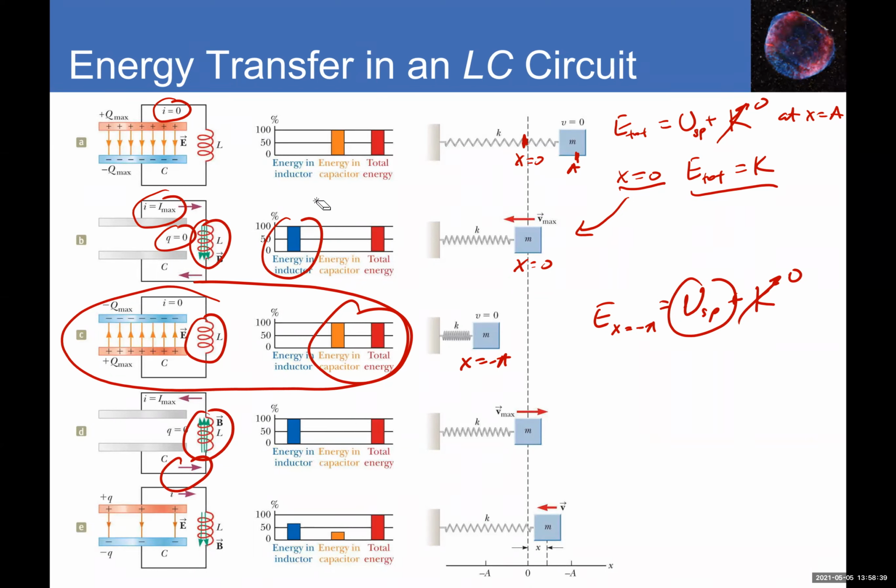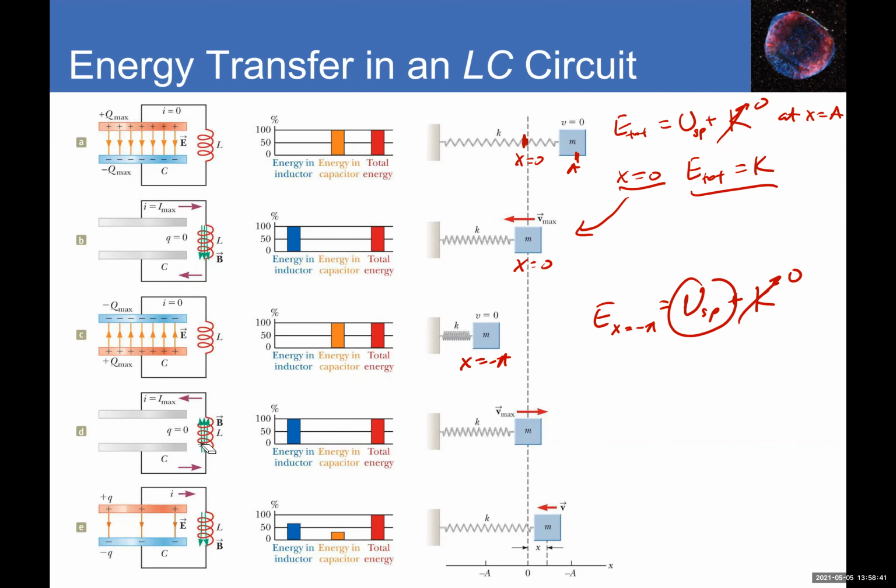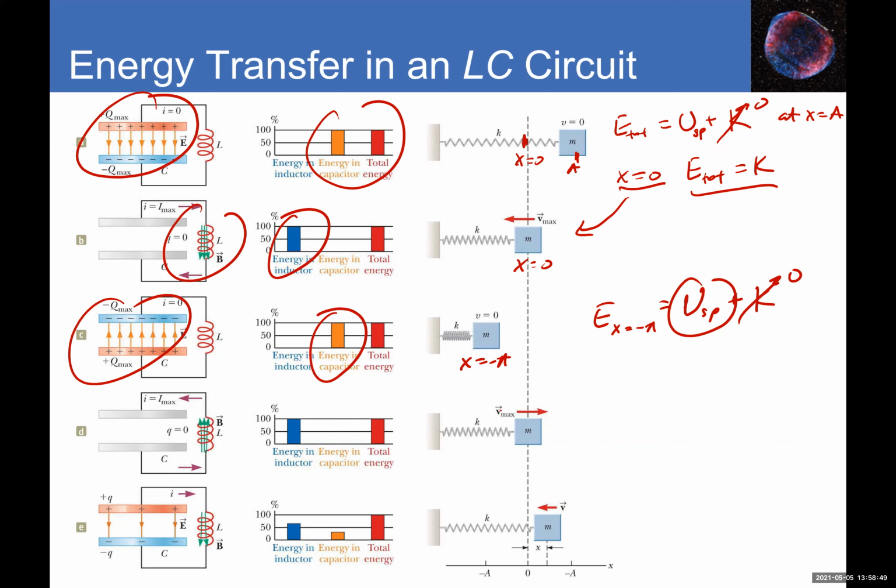All right, so those are the extreme points. This represents purely electric potential energy, and then here purely magnetic energy, and then back again to purely electric, and then back again to purely magnetic energy. But obviously at some point, not at those extreme points like plus or minus a or x equals 0, at some random x it will have some potential energy and some kinetic energy, but they're not maximum.